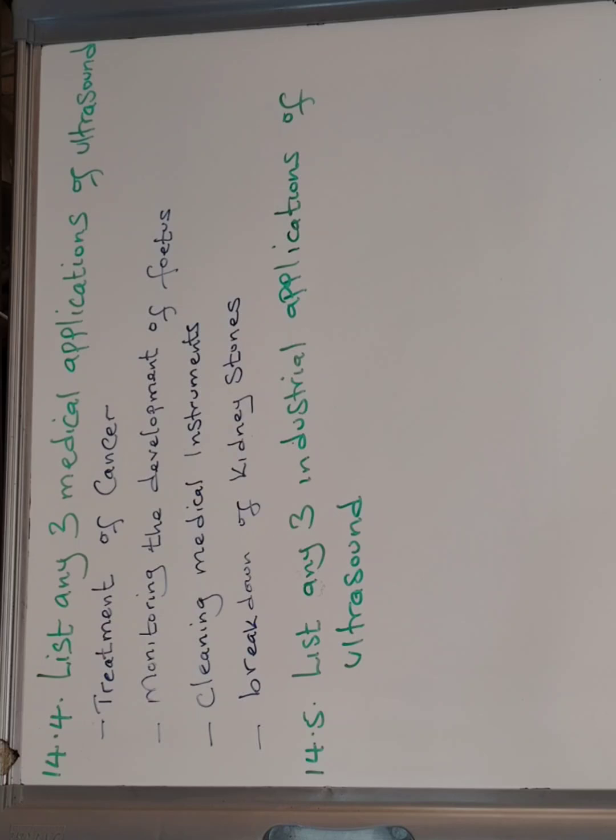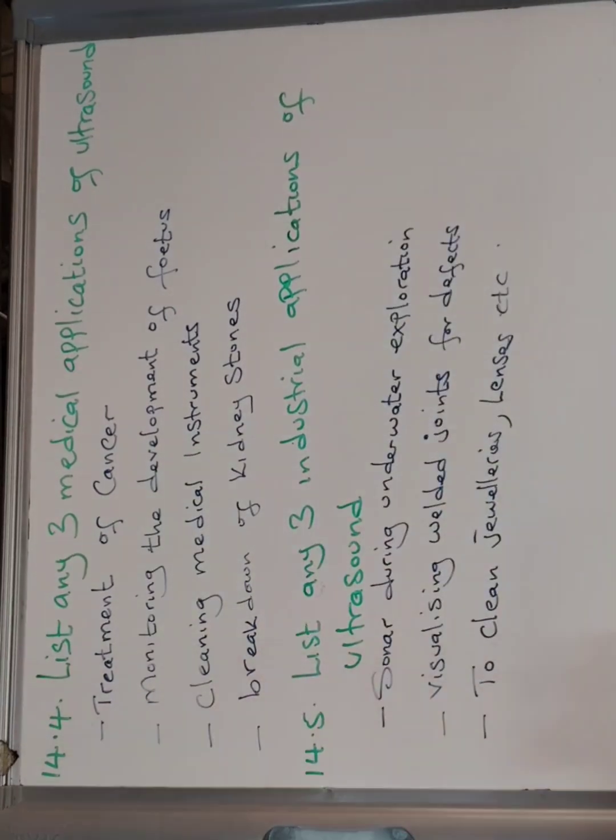Some of these joints are in very important parts like aircraft, and a small defect can be catastrophic. So yes, we can use it to visualize welded joints. We can use it to clean jewelry, lenses, and other materials. So let us put them down. So that is that.